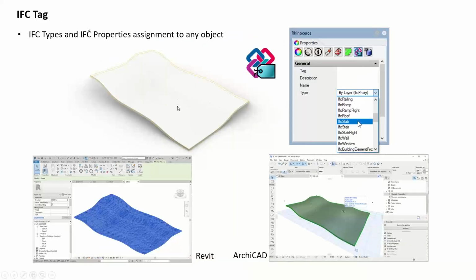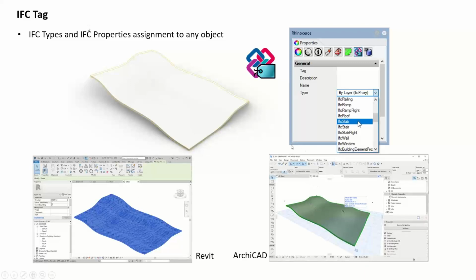We can take any object like this polysurface, and we can tag it as a slab. There is a function that lets you tag an object according to an IFC category, in this case a slab. After we export that to IFC, we will recognize this object as a floor, for example, in Revit, or as a slab in ArchiCAD.